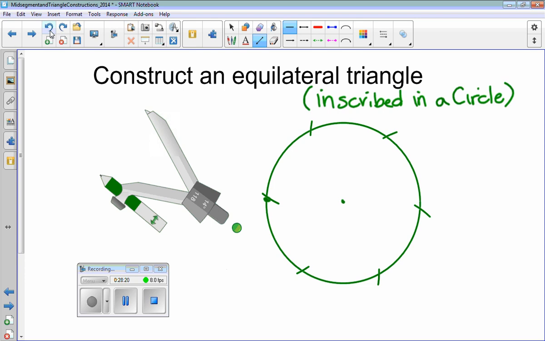Rather than connect all 6 points, I'm going to connect every other one. And that, my friends, is an equilateral triangle inscribed in a circle.